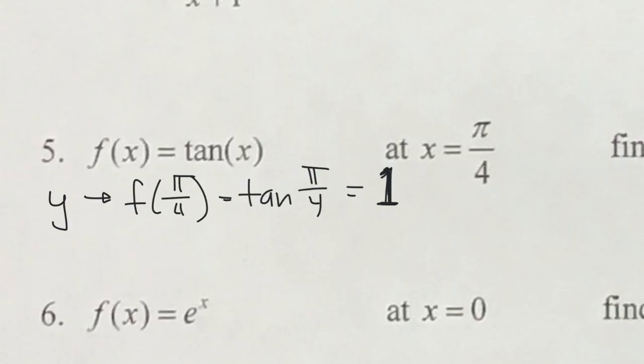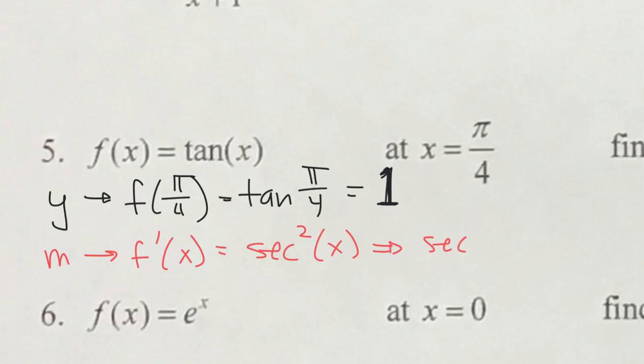So then our slope is the derivative of tan, which is secant squared. So I'm looking for what is the secant squared at pi over 4. Well, secant at pi over 4, that might be a little trickier than tangent at pi over 4.